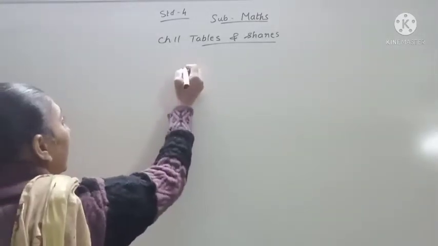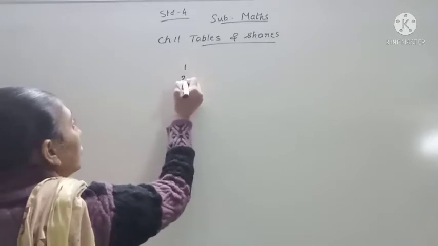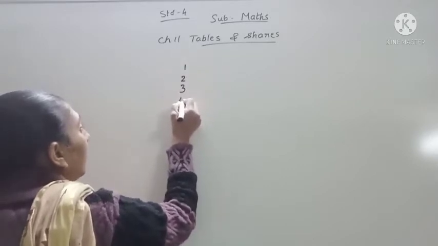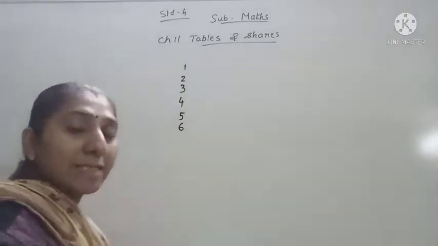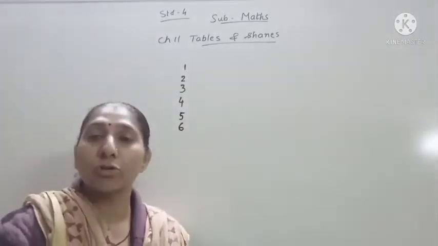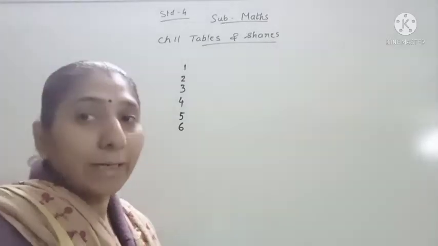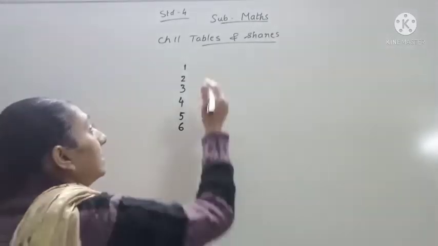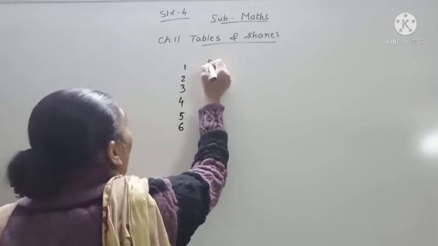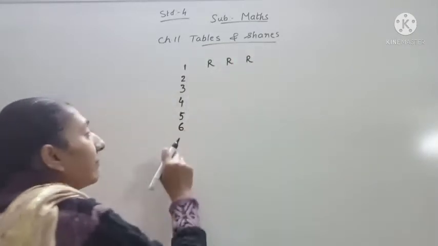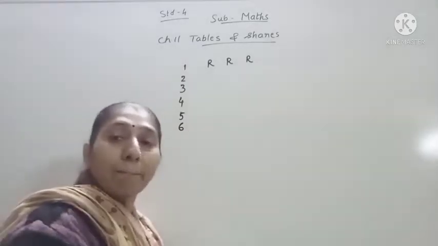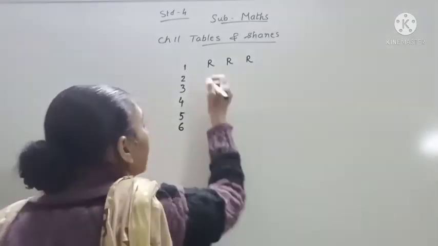How many rows has she made? 1, 2, 3, 4, 5 and 6 rows. And in each row she has planted 3 plants. 3 rose plants. 1, 2, 3.